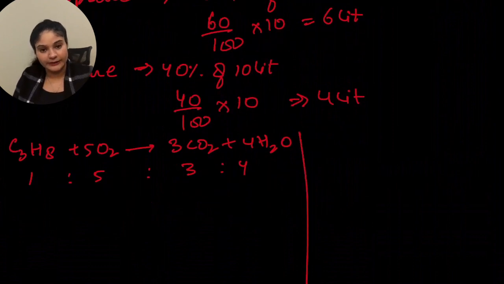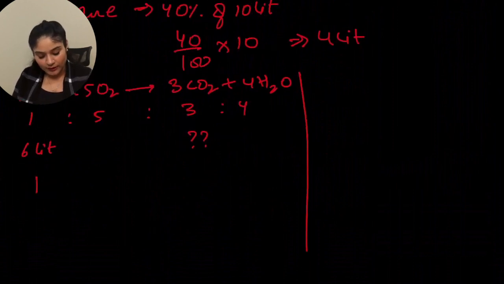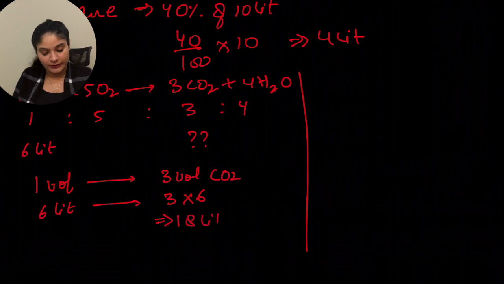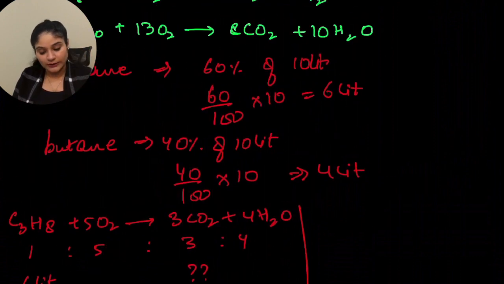I'm again dividing this into two parts. Now how much do we have propane? Propane is 6 liters and you're looking for carbon dioxide. So 1 volume of propane is giving you 3 volume of carbon dioxide and 6 liters of propane will give you 3 times 6 liters of carbon dioxide. So 18 liters of carbon dioxide. Very simple. Let's move to the next equation.